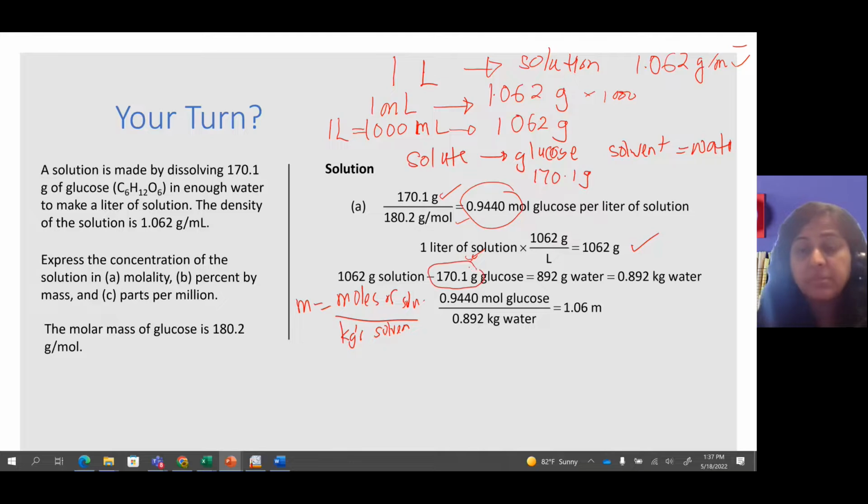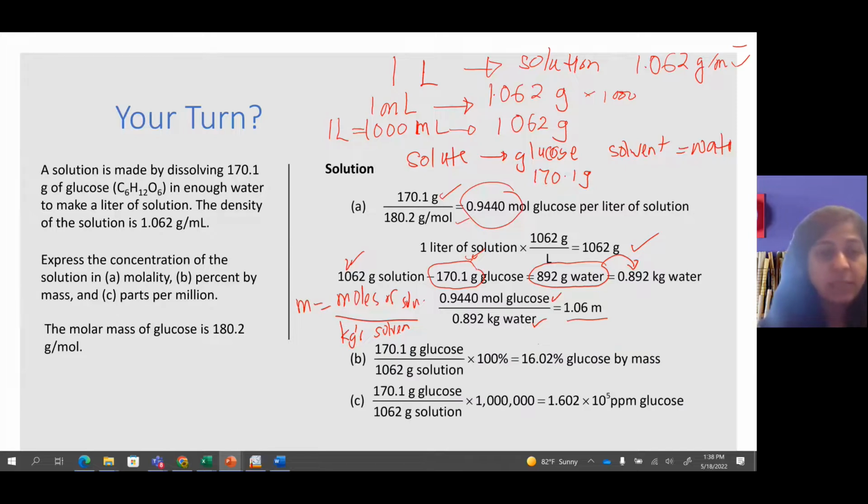Therefore, we subtract the amount of glucose from the mass of the solution to get the mass of the solvent, which is water. Then convert it to kilograms. You divide the moles of the solute by the kilograms of this solvent, and you obtain the molality of this solution.